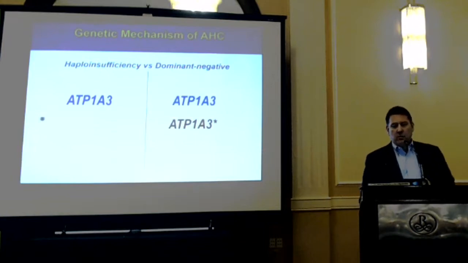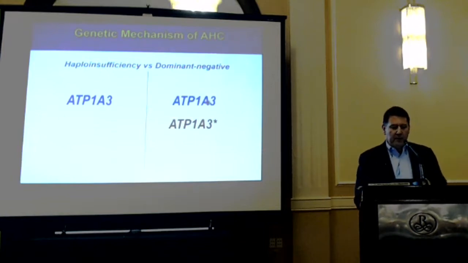Dominant negative is a different story. So again, we'll start with a normal copy and a mutant copy, but in this case, there's something about the non-functional or dysfunctional copy that poisons the normal copy, so that neither works very well at all.